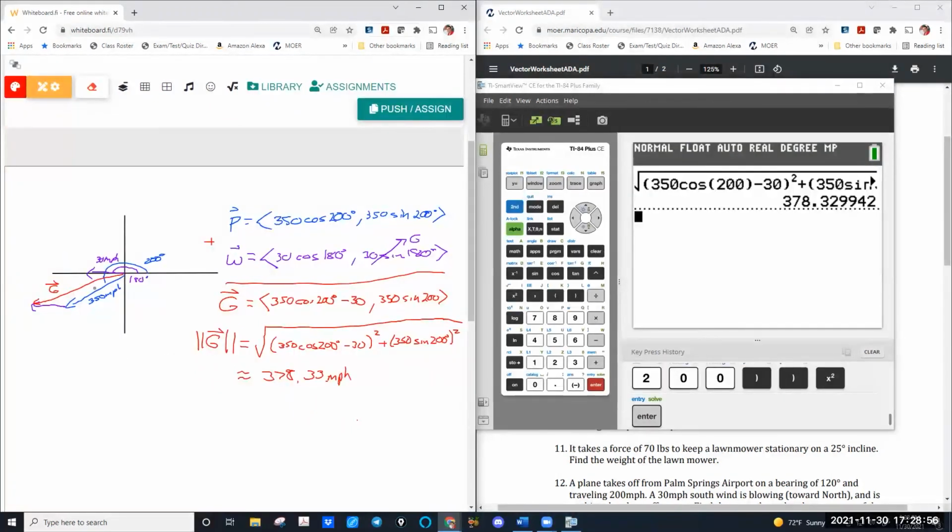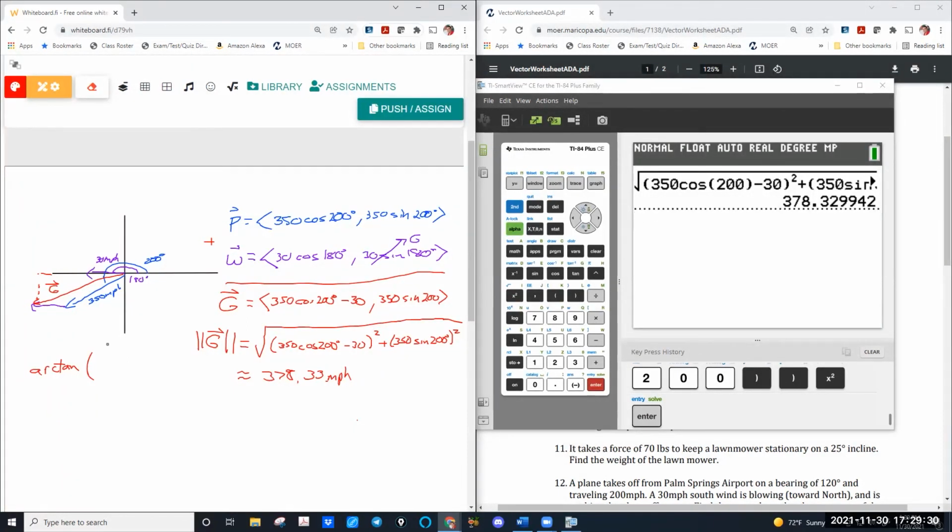Well, to find the direction, again, it's right angle trig. If I drop in a perpendicular here, I've got basically right angle trig. I'm going to have a horizontal and a vertical component. And basically, we're going to do an arctan. Tangent relates opposite over adjacent, so basically your J component over your I component. So we're going to do an inverse tangent of, now here's where I personally like to use positive numbers, and we'll account for the fact that it's in the third quadrant.